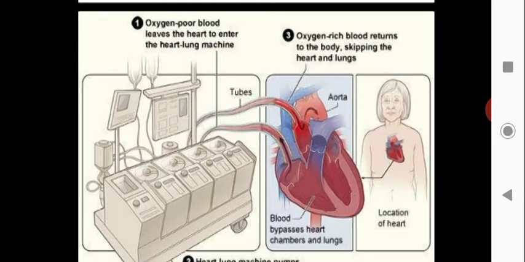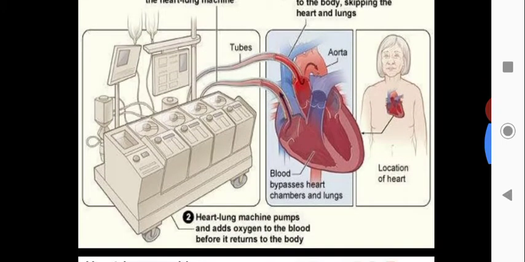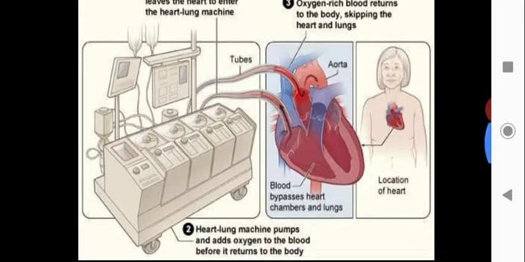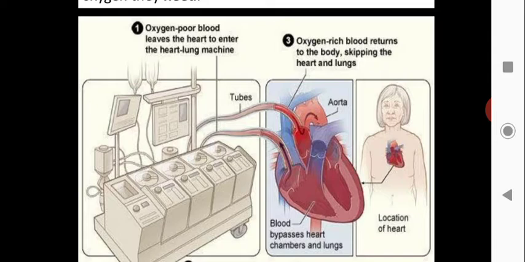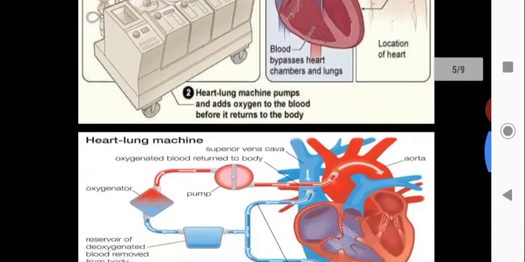Second, the heart lung machine pumps and adds oxygen to the blood before it returns to the body. Third, oxygenated blood returns to the body, skipping the heart and lungs. This is an important topic: it skips the heart and lungs. The blood will not flow to the natural heart and lungs.